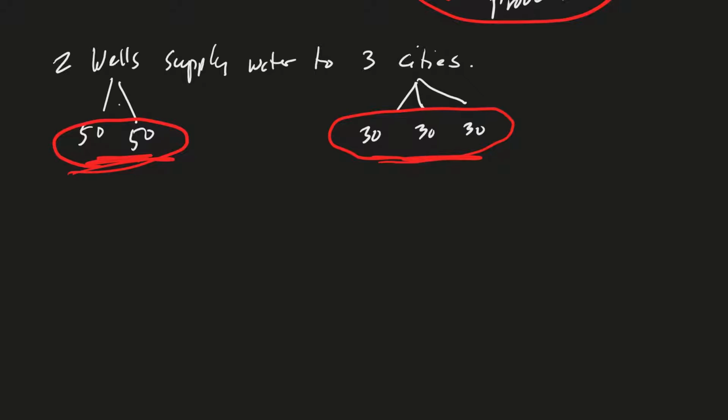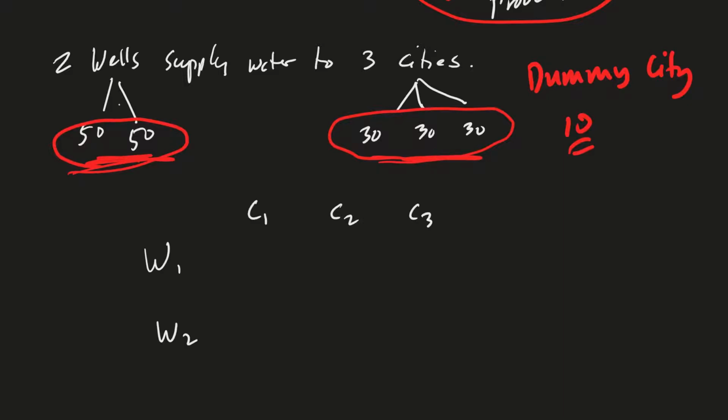So the way to do this in this case would be to create a dummy city. And how much water would the dummy city demand? It would take up the extra 10. And so when you're building your tableau in that case, we would have well 1, well 2, and then we would have city 1, city 2, city 3, and then we would have a dummy city, right?